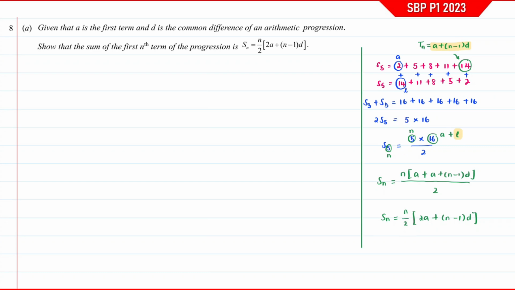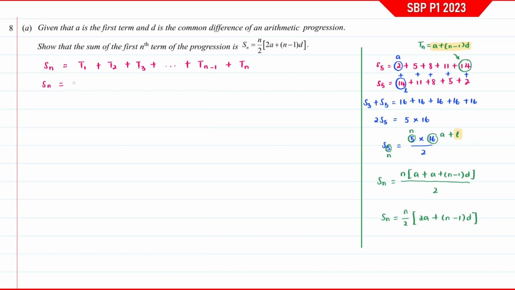After you understand the process of this, then we can show the sum of the first n terms of an arithmetic progression. So in general, Sn is the sum of the first term, the second term, the third term, until the second last term, which is Tn minus 1, and the last term, Tn.